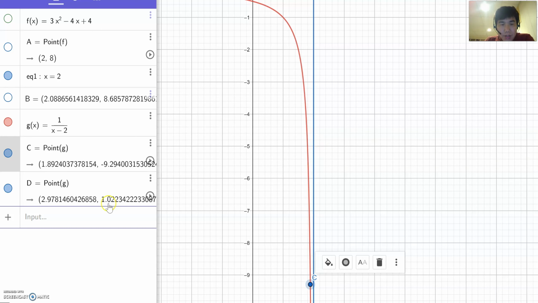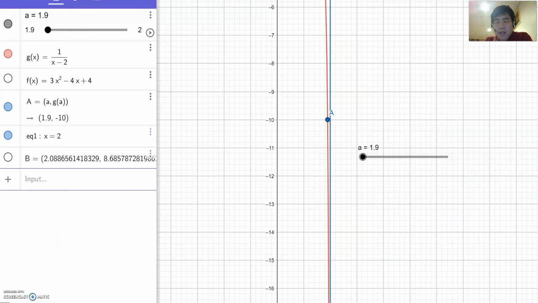It's already negative 9 here. You know what, I'm going to make a slider, and that will give you a better simulation. Just wait for me for a second. I just made a slider, so I can show you the better simulation. I made a point A on the negative side here. Look at the A coordinate carefully while I move this slider, then look at the y value carefully.